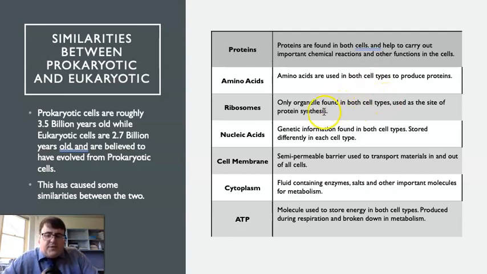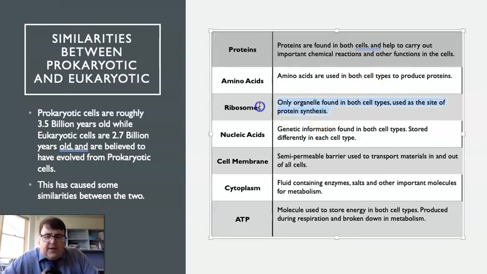Similarly, ribosomes. Now, this is where we highlight a little bit of a lie that you've been told across science across the years. We always say prokaryotic cells don't have organelles, but they have ribosomes. And ribosomes are technically classified as an organelle. The difference is they are not a membrane-bound organelle. So prokaryotic cells don't contain membrane-bound organelles, but ribosomes they still have.